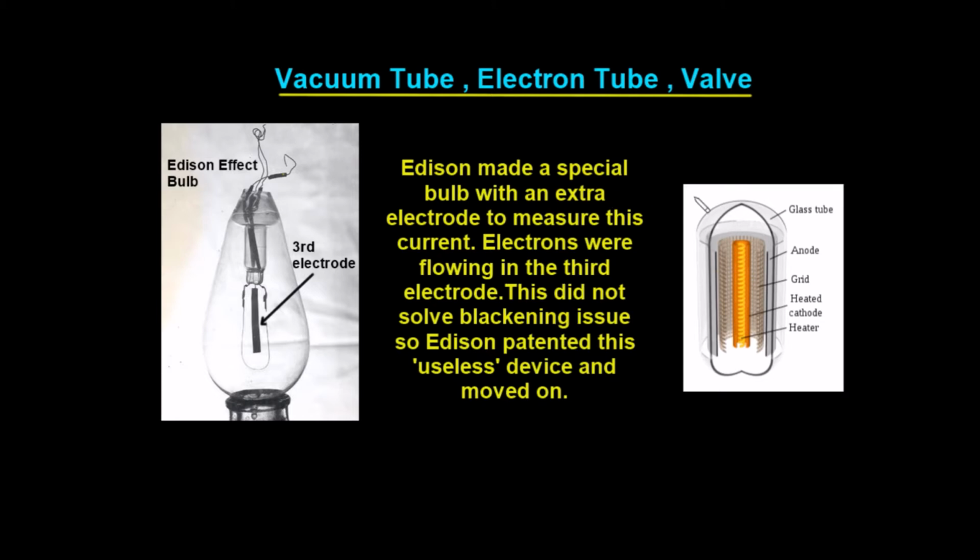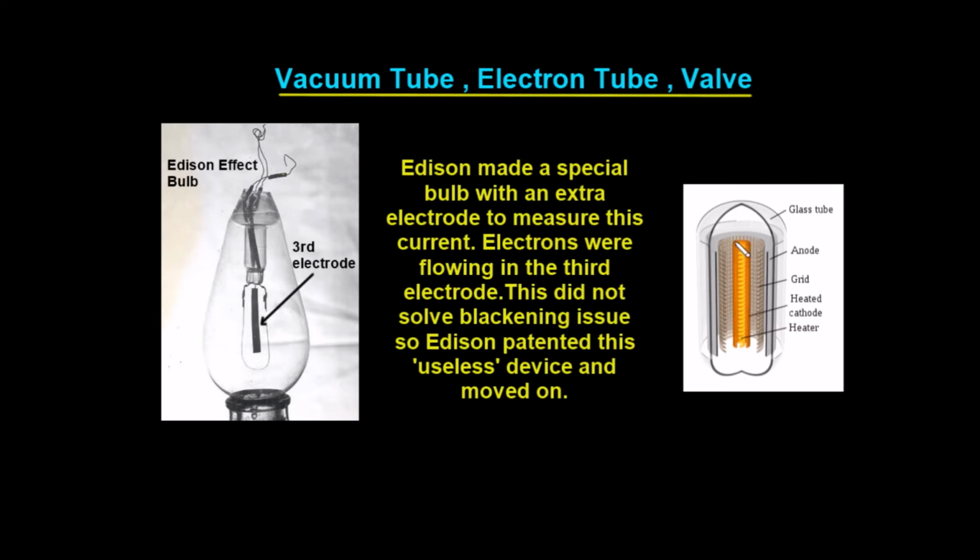Now opposite here we see a more modern version of this electric bulb with the extra electrode, and this is obviously called a valve. So we have the glass tube on the outside, we have a heated cathode, so the central part is called the cathode, and the cathode is where the current or the electrons come from. In this instance here, the cathode would be the filament of this bulb.